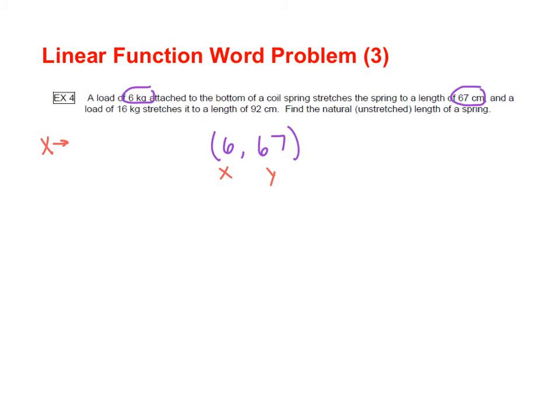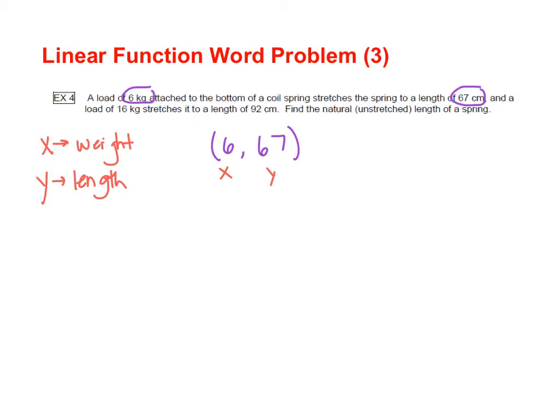So 6 kilograms, that's how much weight is attached to the bottom of a spring. So we're going to say X represents our weight. And then the 67, that is going to be the length of the coil because it stretches as you put a weight on the bottom.